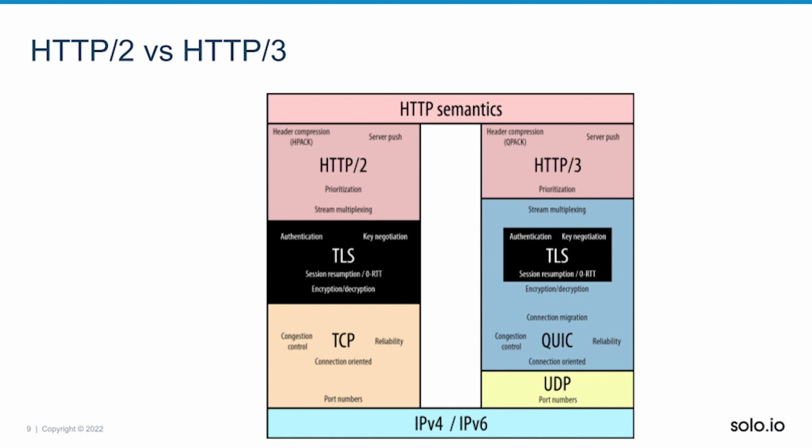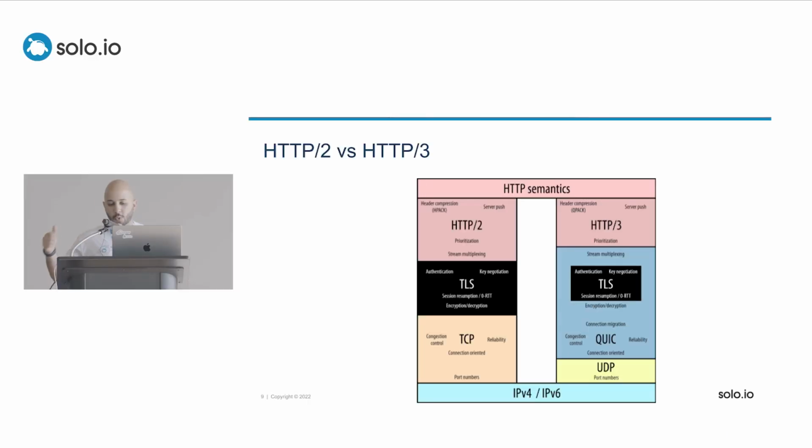But we've never seen it used where we need something reliable. And actually, what HTTP3 adds on top of UDP with the QUIC protocol, QUIC for Quick UDP Internet Connections, is what we used to have in TCP, like congestion control, reliability, and so on.